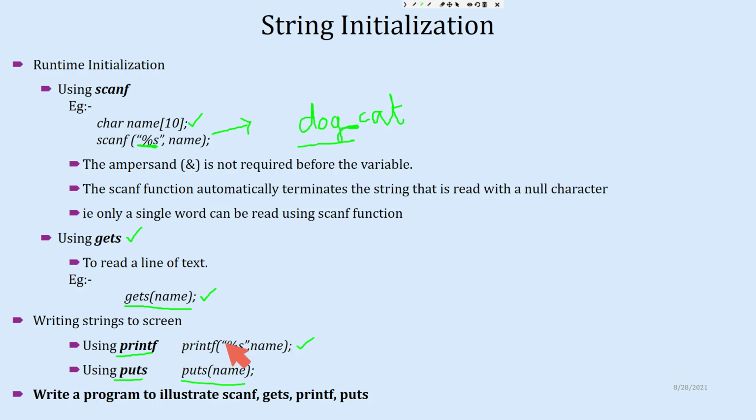This printf will print all the characters. The entire line of text will be printed. The restriction in scanf is not there in printf. So both printf and puts serve the same purpose. Both will give the same output.